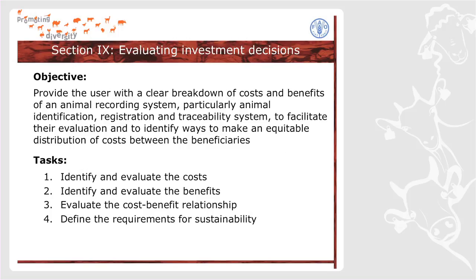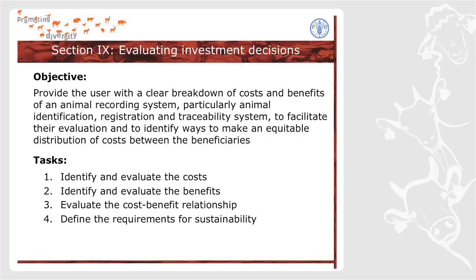Section 9 is about evaluating the investment decisions. The purpose here is to provide the user with a clear breakdown of the costs and benefits of animal identification and animal recording systems, in particular focusing on identification and registration and traceability, where we have published data and cost estimates.